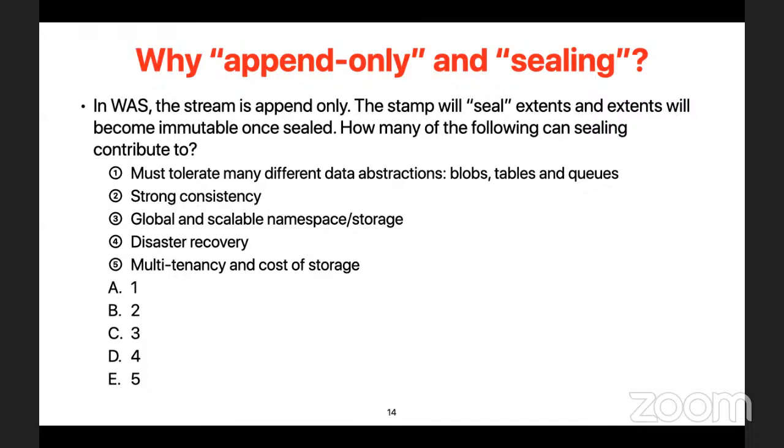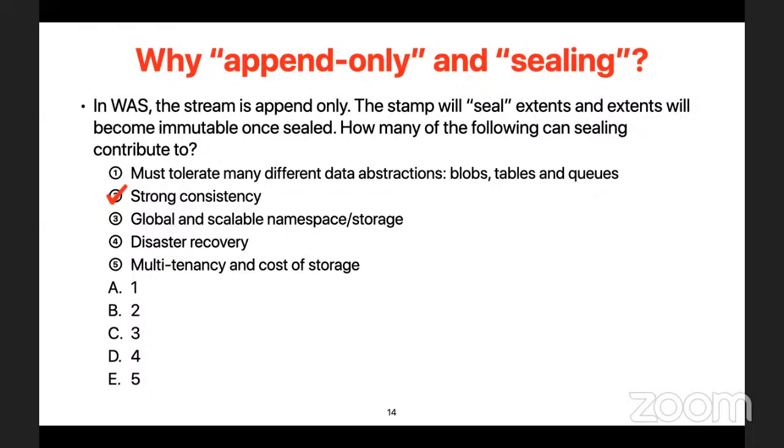So here's what I think. I would definitely agree with you on the strong consistency side. With sealed, at least we know something sealed becomes immutable. So once something is sealed, you can make sure that everyone linked to that extent is guaranteed the data is immutable and is not going to change.